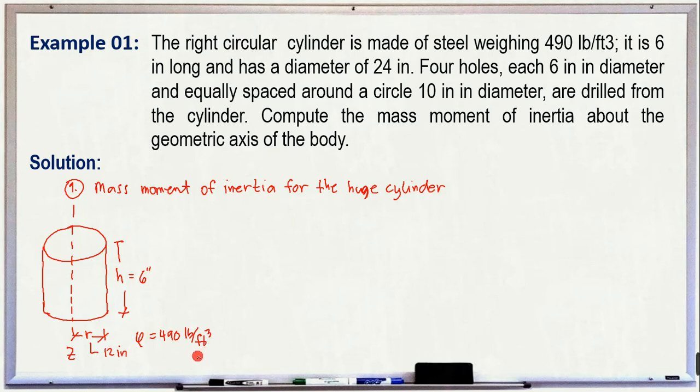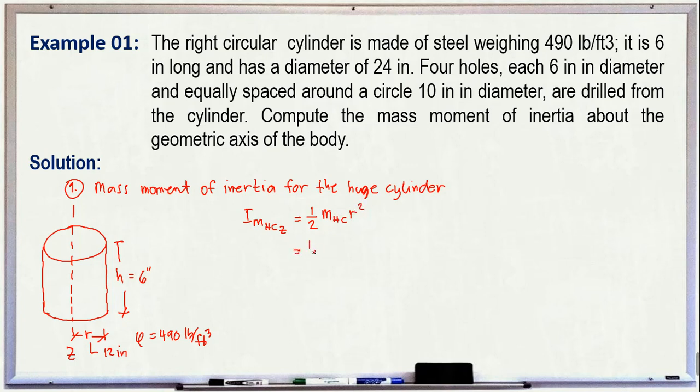So again, this is our analysis. We have the moment of inertia of this huge cylinder along the z-axis, which is equal to, as we already derived, 1/2 times the mass of the huge cylinder multiplied by the square of its radius.